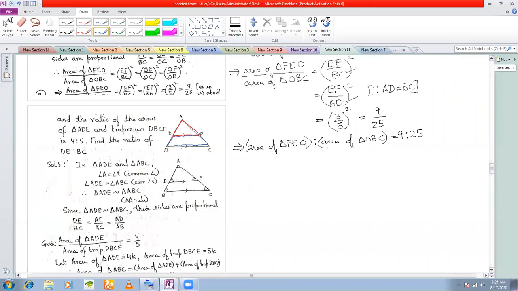Find the ratio DE by BC, the ratio of these two sides. So what I'll do is I'll first show that these two triangles, the red triangle and the bigger triangle, are similar. That is how we proceed.